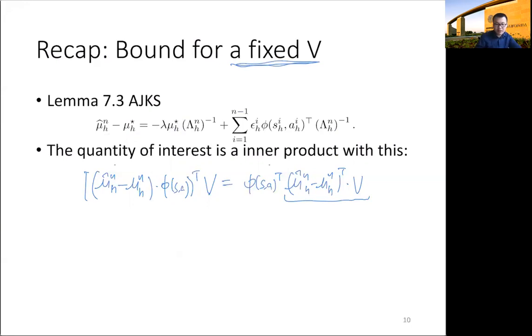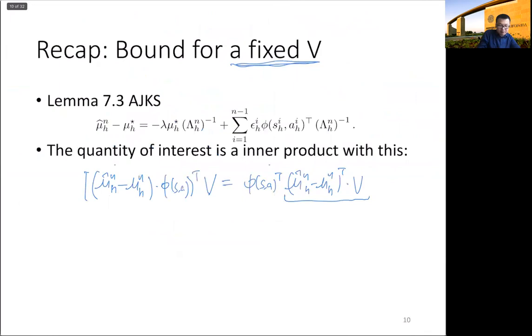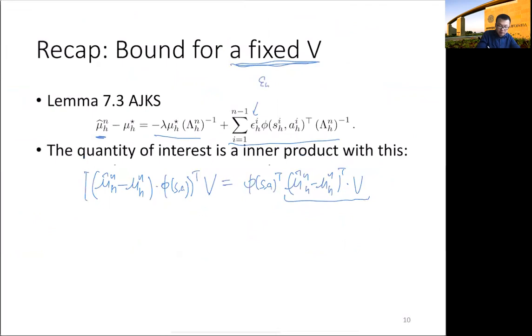Let's first try to construct a bound for a fixed f, or a fixed value function that gets input into this Bellman backup step, and then by the simple closed form solution of this ridge regression estimator, we can decompose this into the term corresponding to the bias and the term corresponding to the variance, where this epsilon parameter is equal to the indicator that is 1 at s_{h+1}^i and 0 elsewhere, minus the actual probability, minus its expectation basically, given s_h^i and a_h^i.